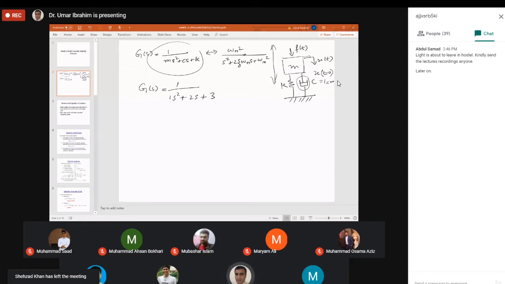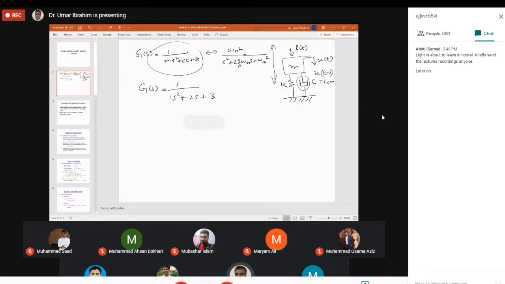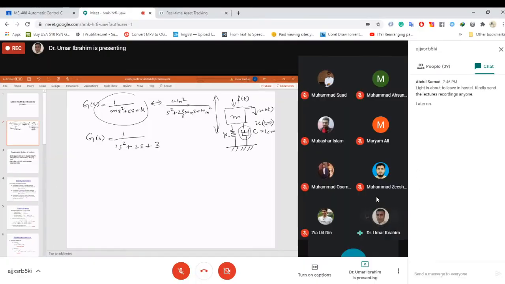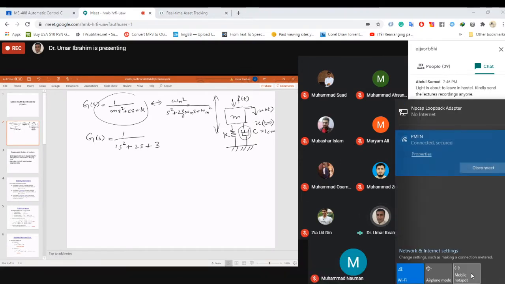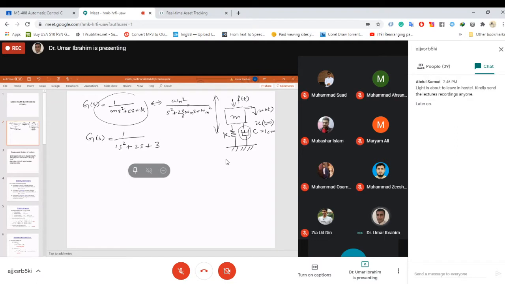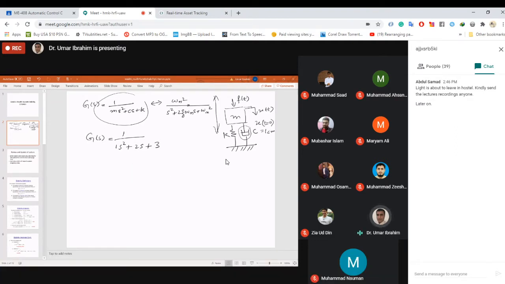On the contrary, when I gave a bounded input to this system, the system response was also bounded, meaning it didn't approach infinity as t approaches infinity. Then, based on this physical behavior that I observe, I can say that the system is stable.